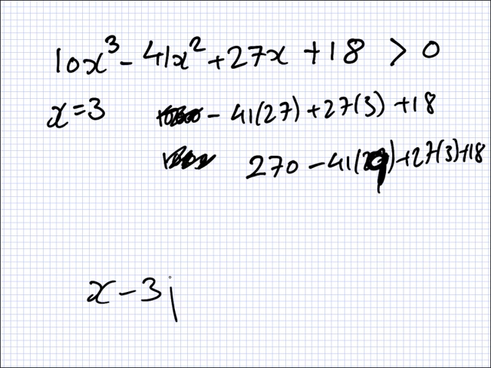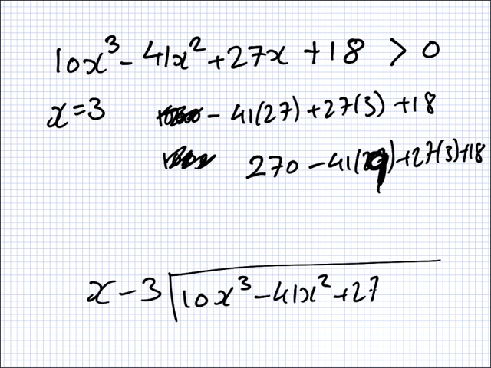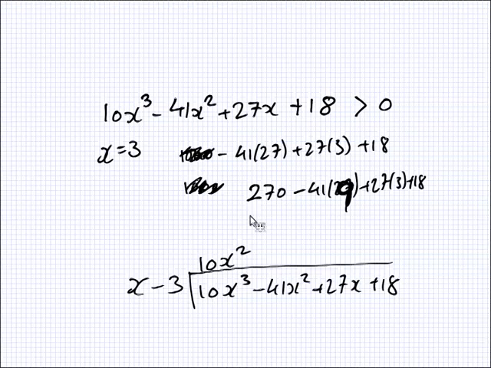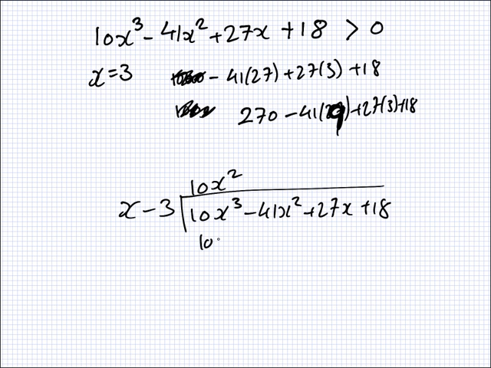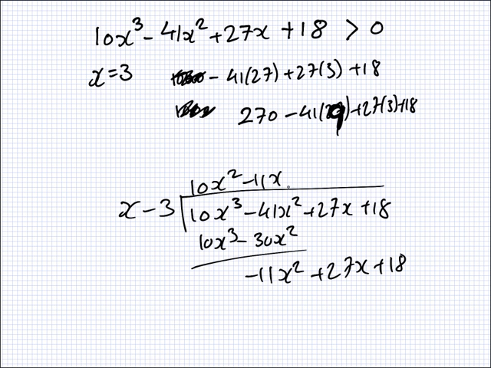x minus 3. Divide in. 10x squared. 10x cubed minus 30x squared. Minus 11x squared plus 27x plus 18. Minus 11x. Yes.